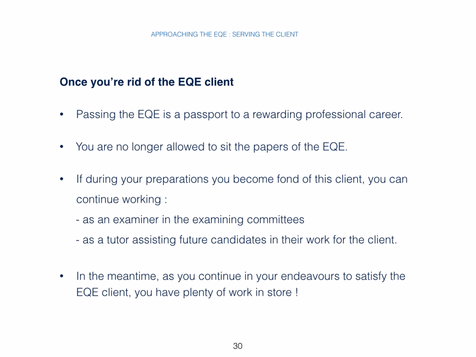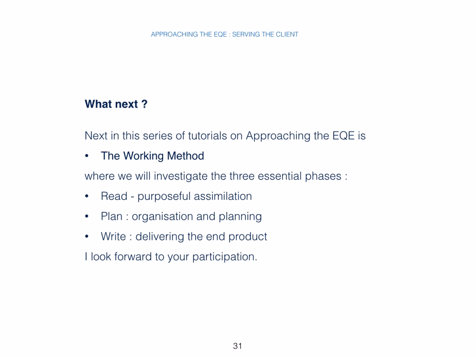In the meantime, as you continue in your endeavors to satisfy the EQE client, you have plenty of work in store. So what's next? Next, in this series of tutorials on approaching the EQE, is a tutorial entitled The Working Method that I mentioned before.